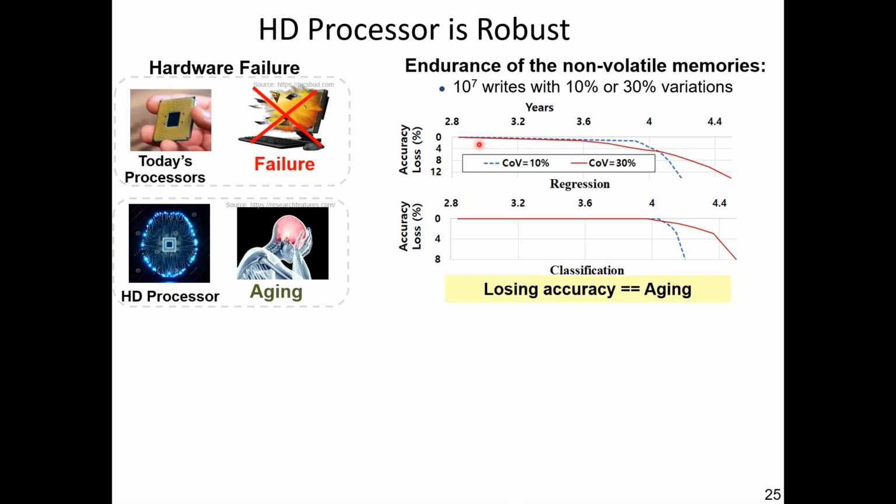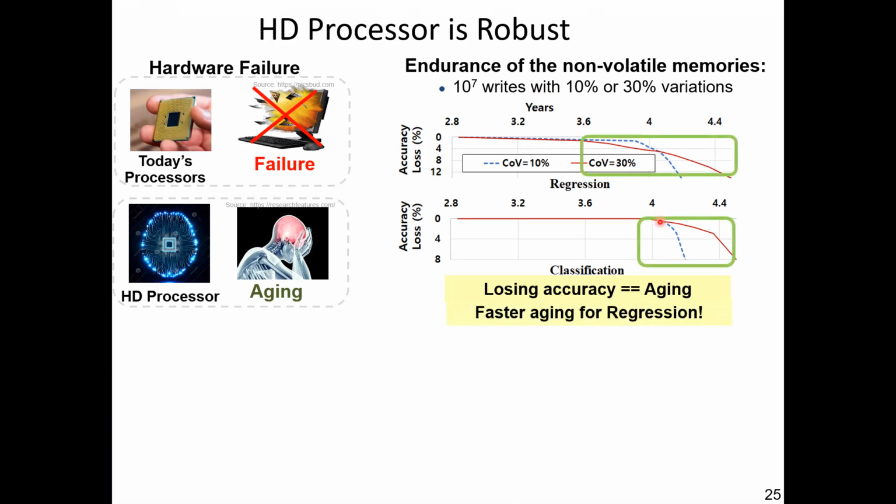This is our simulation showing the quality loss, which is accuracy, of regression and classification when we are using a processor based on non-volatile memory for a few years. You can see after a few years of using the chip, we start losing accuracy, but we don't fail. And this loss of accuracy is because the devices, like our neurons, stop working.